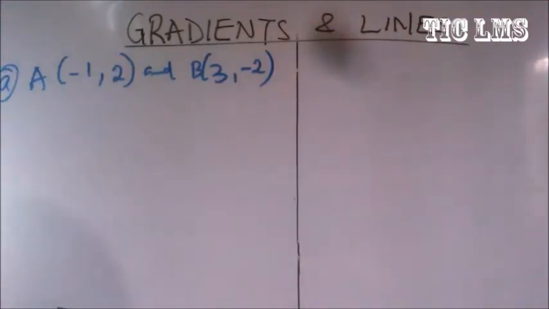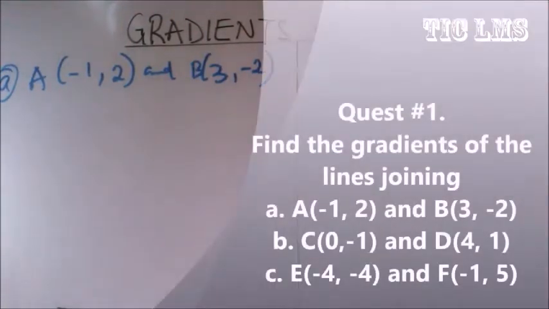Alright, so let's look at the following question. Find the gradient of the lines joining A (-1, 2) and point B (3, -2), point C (0, -1) and point D (4, 1), point E (-4, -4) and F (-1, 5).